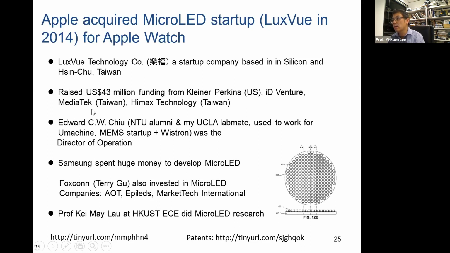MediaTek is one of the number one IC design companies in Taiwan, and they used to make processors for mobile phones in mainland China, right? And Himax is another company in Taiwan that provided funding.